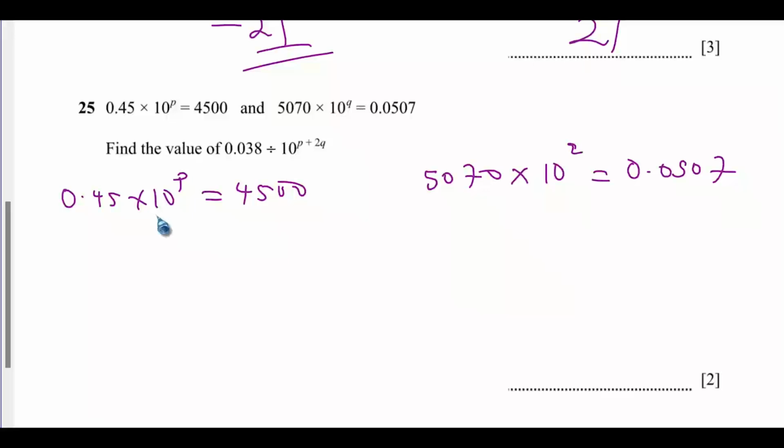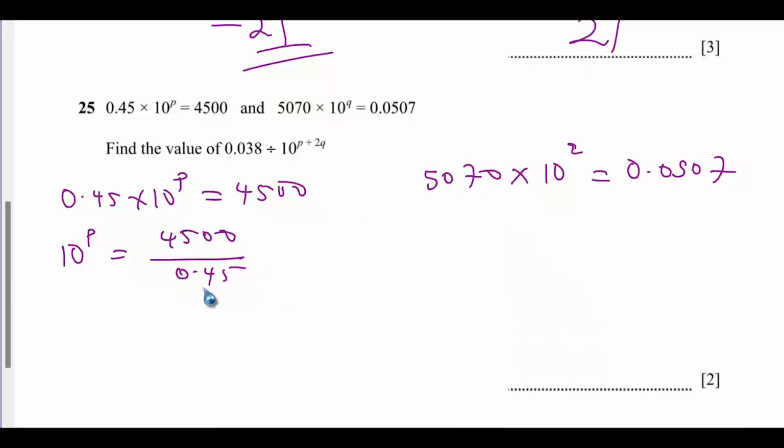So from here, let's divide both sides by 0.45. So that means we're going to have 10 to the power of p to be equals to 4500 divided by 0.45. So I think you can try to make this to be a whole so that 45 can go in this.